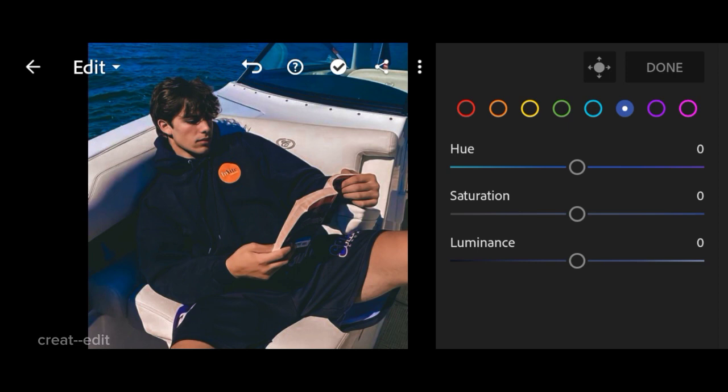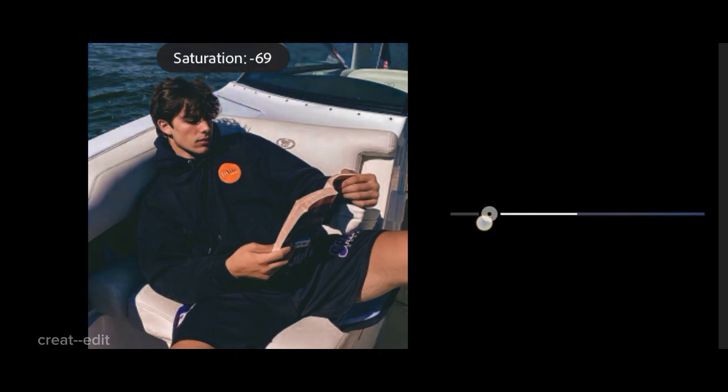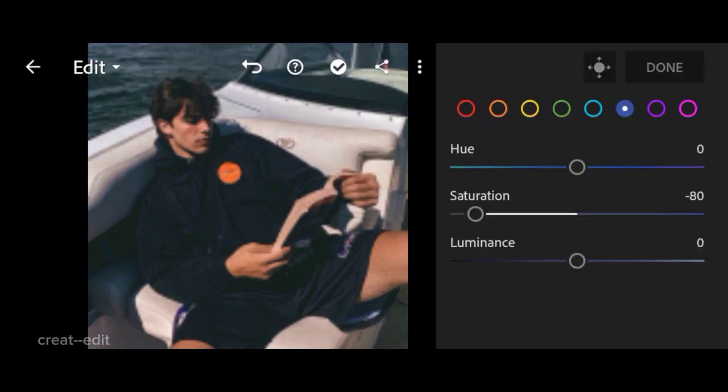Blue saturation minus 80. Purple saturation minus 100 and pink saturation minus 100.